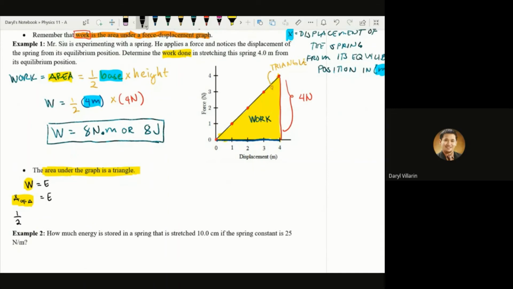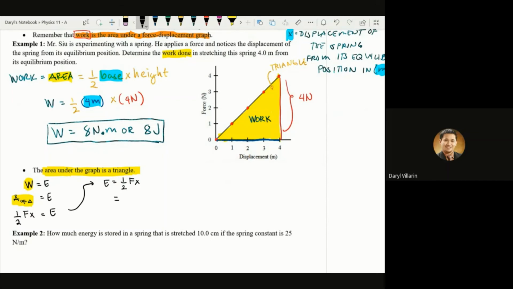But you can indicate there that the base and the height are just in terms of F and d, or I'll just use x in this case. 1/2 Fx is equal to E. Okay. So therefore, I can rewrite this as E is equal to 1/2 Fx. Okay.